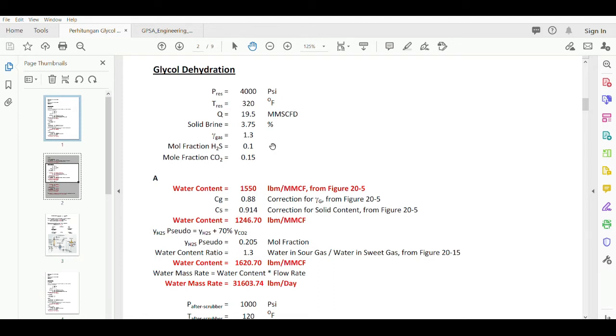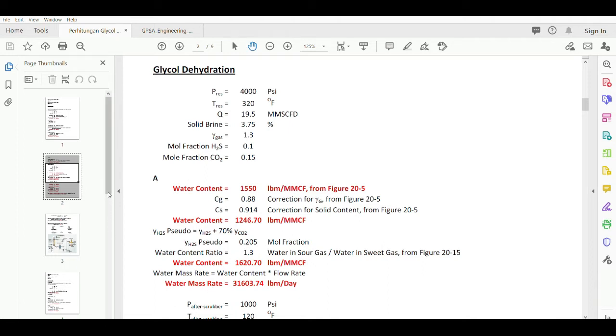If we calculate this one, 0.1 plus 70% of 0.15, we end up with 0.205. For 0.205, if we see the figure 20.5, we have 1.3 of water content ratio.